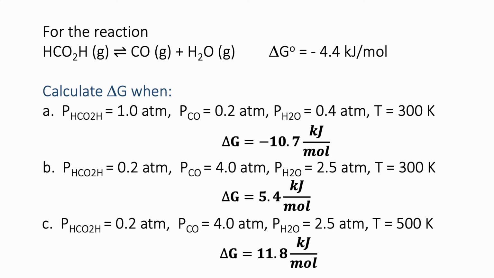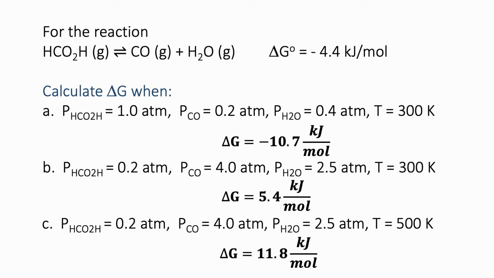So the system still wanted to produce a lot of products. But when we had high partial pressures of products, that shifted the system, and now suddenly the reverse reaction is spontaneous. That's what a positive delta G value means. And so what that means is we have too many products and we're going to form more reactants.